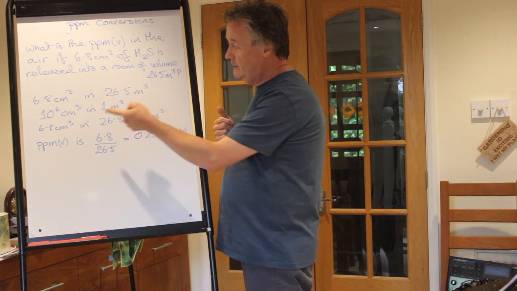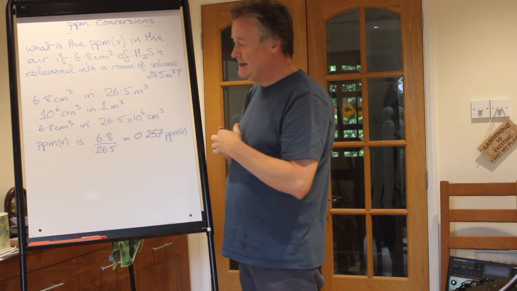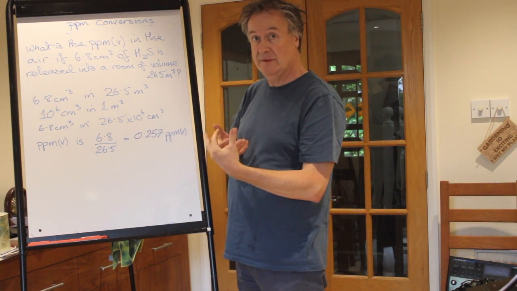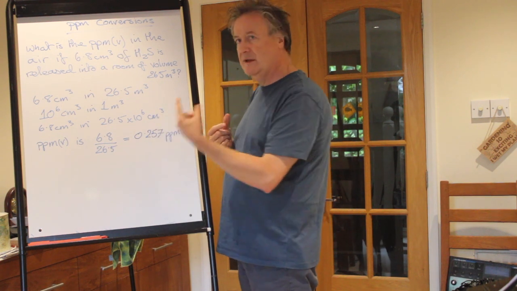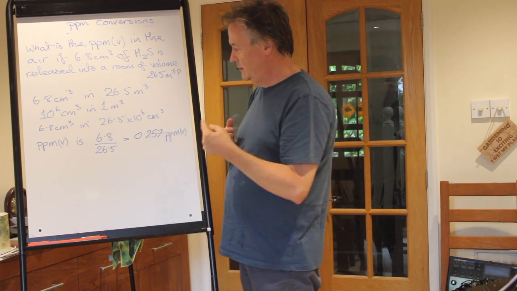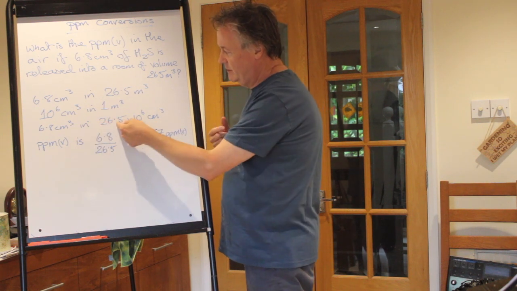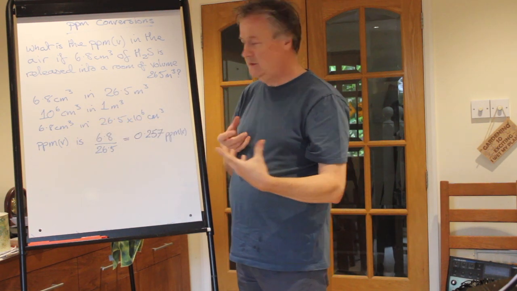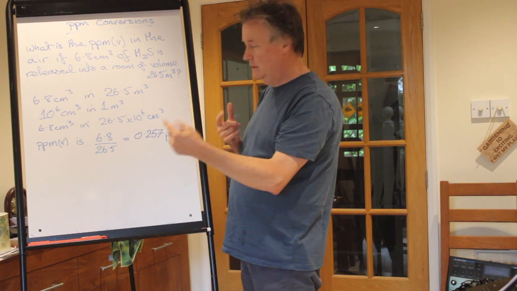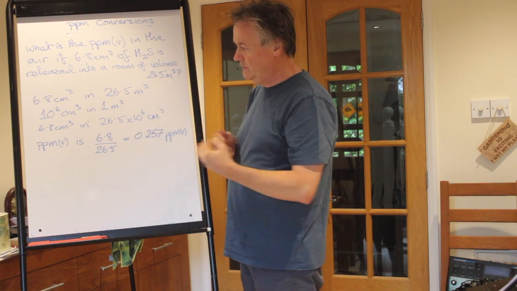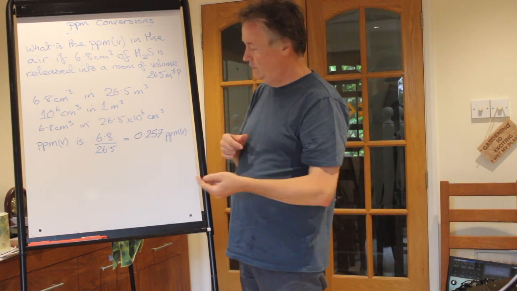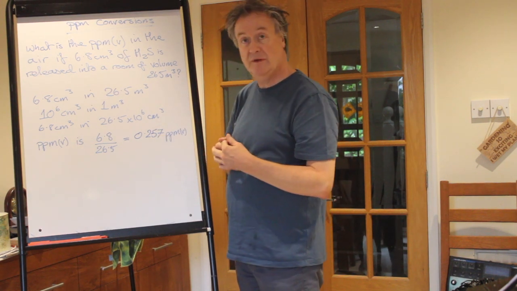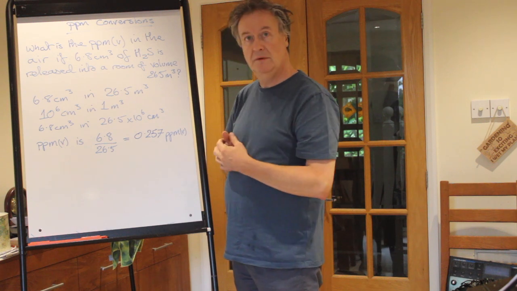Now 6.8 cubic centimetres in 26.5 million cubic centimetres is not parts per million, because parts per million will be for 1 times 10 to the 6. So that volume is in 26.5 times the volume it needs to be in for a ppm value. So you just divide by the 26.5 and scale the 6.8 down by 26.5, and the answer comes out as 0.257 parts per million volume. Done. See you in a moment.